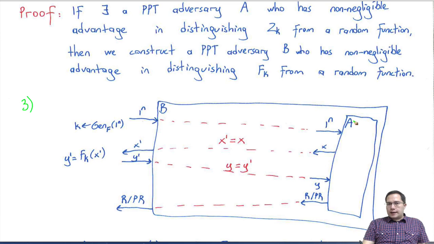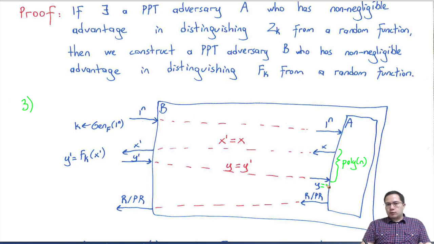Now, the third thing we should do is to define these interfaces. So here is A. What's the game A is playing? Remember, A is trying to break Z. So this game should be the game for Z. When you think about it, the game for Z is a PRF game, so A is given the security parameter. A can ask polynomially many queries. It will give us some x, we need to give y, which is Z_k of x.